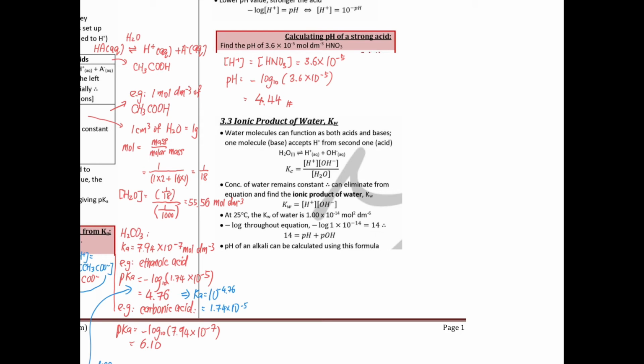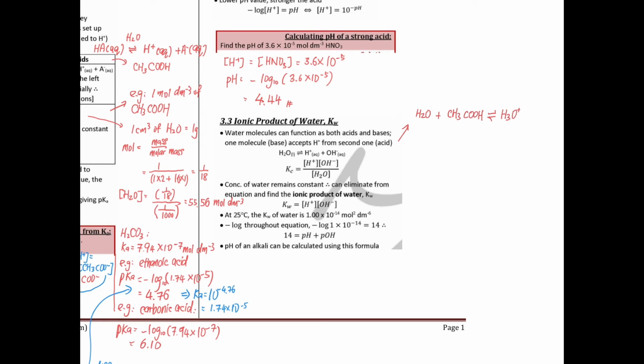Let's say I have H2O plus CH3COOH, so it forms H3O positive. As you know, ethanoic acid can donate a proton to water, then water forms hydroxonium ions after accepting H plus.